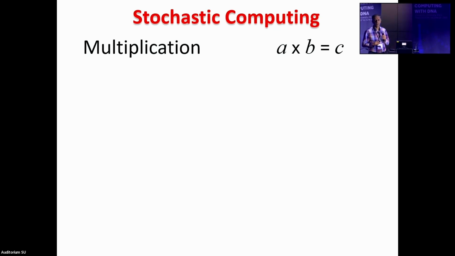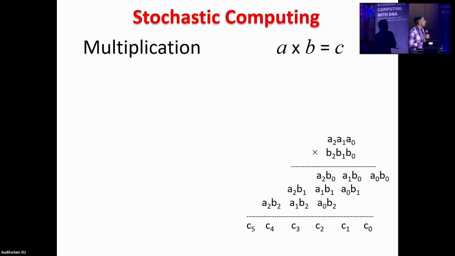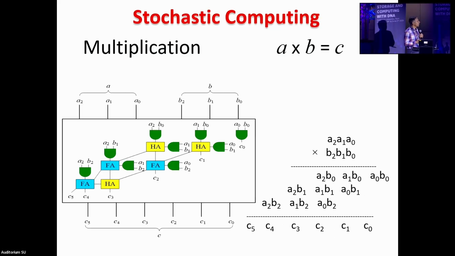For example, for multiplication of two numbers A and B, if we want to do computation in positional binary, we need to first calculate the partial products of the numbers, and then we add them together. So for example, this is a 3-bit multiplier that you see.